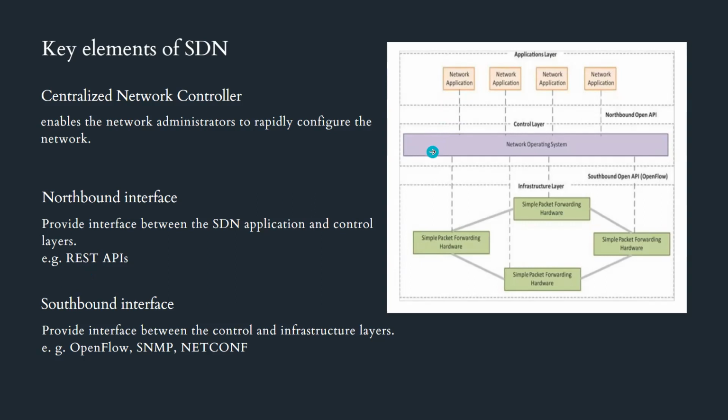HTTP is one of the RESTful APIs, so the HTTP protocol can be used by the applications to access the SDN controller. HTTP, as you know, uses certain request methods: get, put, post, delete, to access the network, to access the controller.